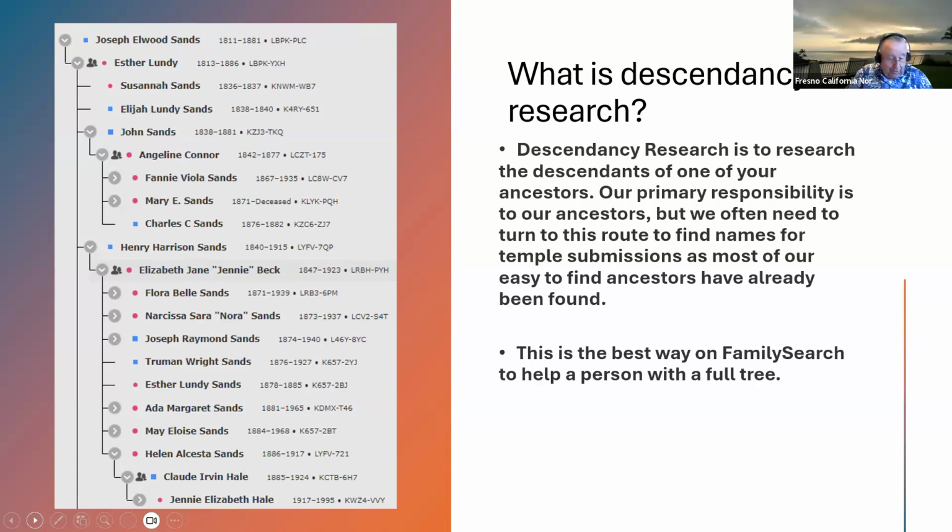And so the church started a paradigm shift a few years ago to suggesting that we work on our descendancies, because there were a lot more names in the descendancies that needed to be done than there were in our ancestors. And so the descendants are those that descend, or are the children and grandchildren and great-grandchildren of our ancestors.